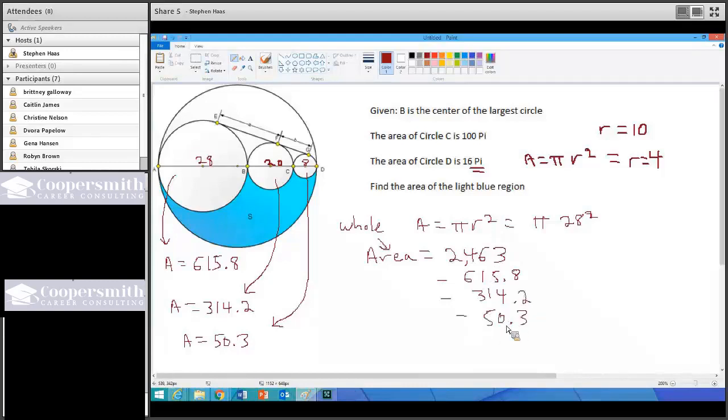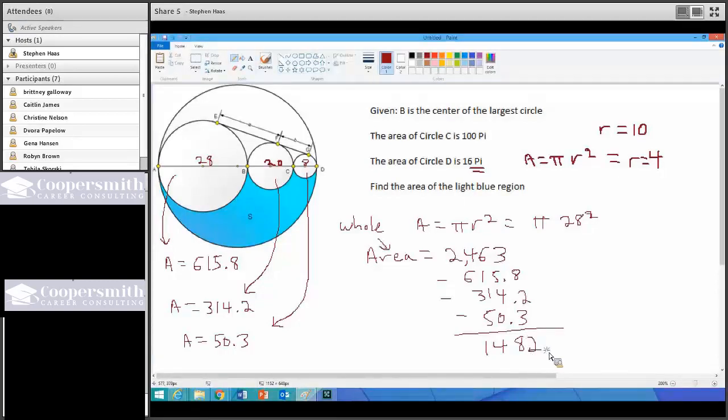I'm going to just do this on my calculator here. 2463 minus 615.8 minus 314.2 minus 50.3 is 1482.7. That's right. That's what I got as well. 1482.7.